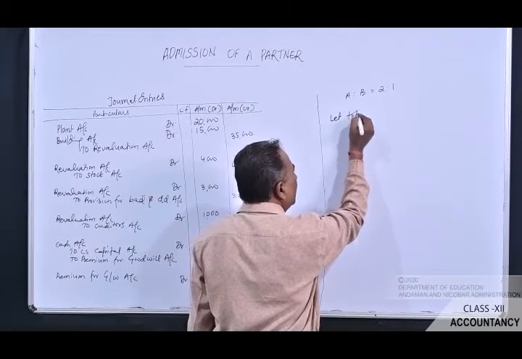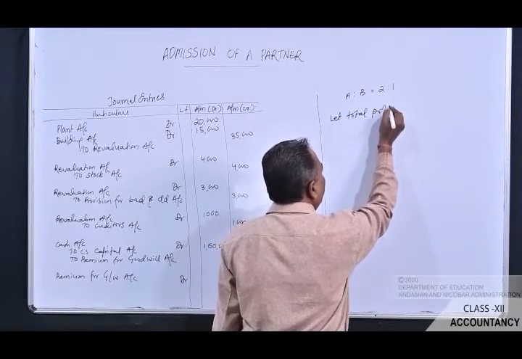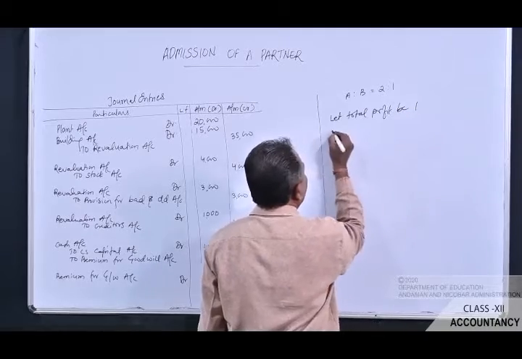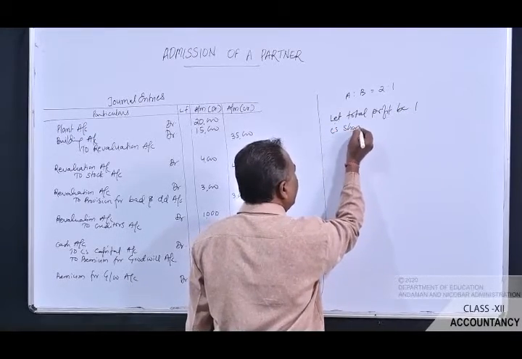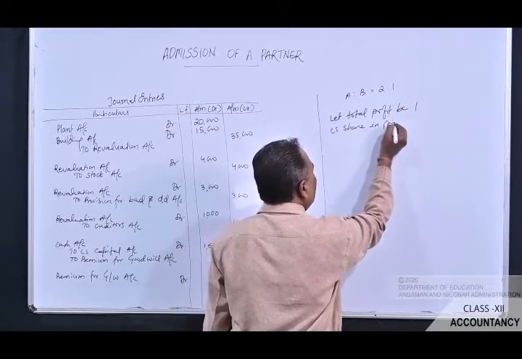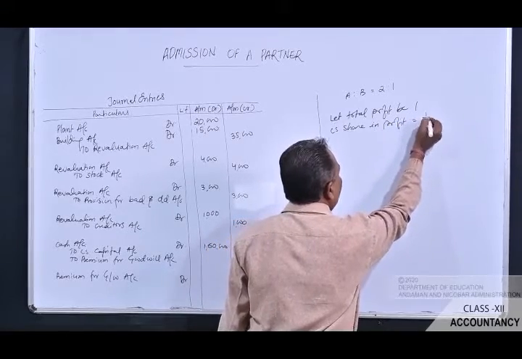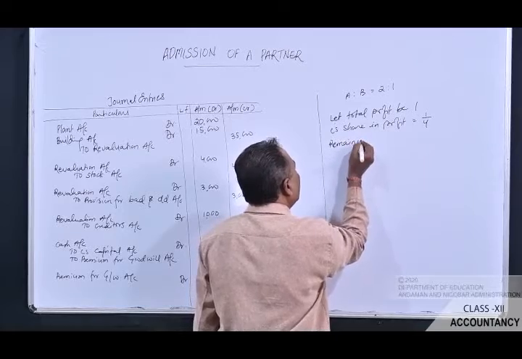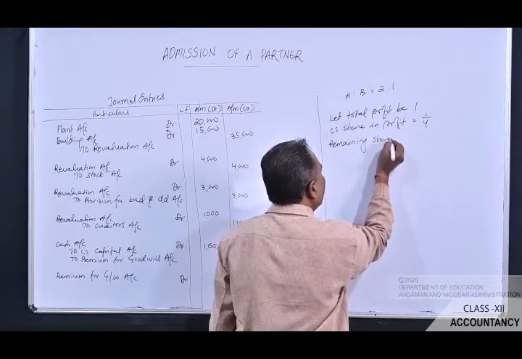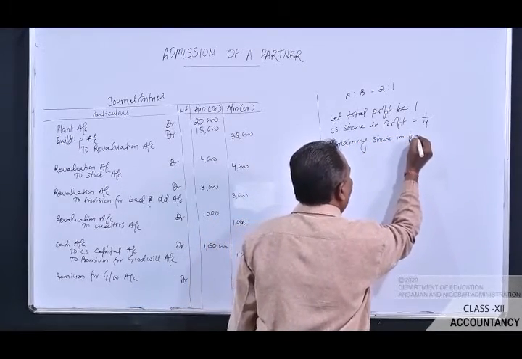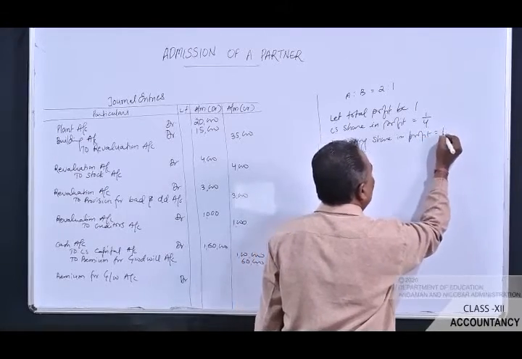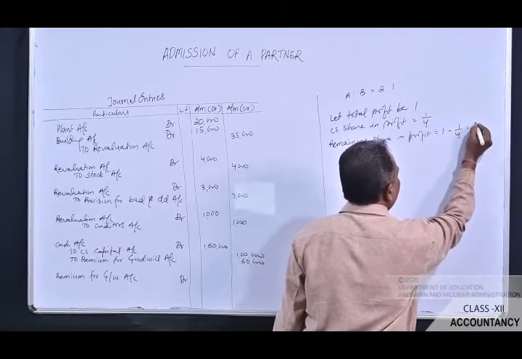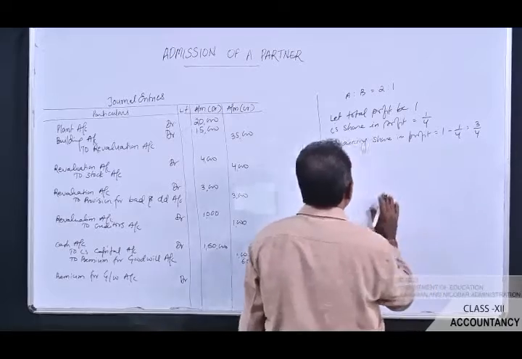Let total profit be 1, C's share in profit is equal to 1/4, remaining share in profit is equal to 1 minus 1/4 is equal to 3/4.